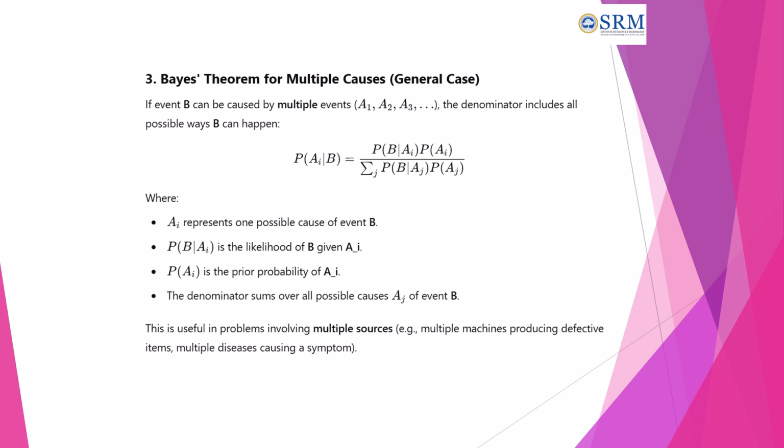This form is very useful when multiple sources or explanations exist, for example, identifying which of several machines produced a faulty part or which disease caused a specific symptom. It gives us a way to weigh competing possibilities using evidence and prior knowledge.